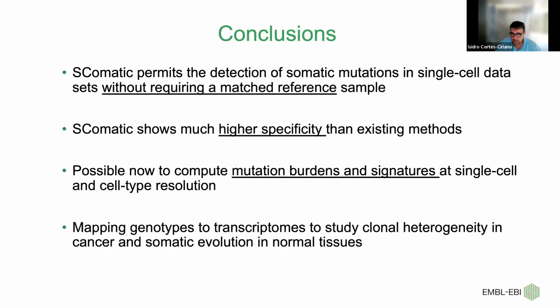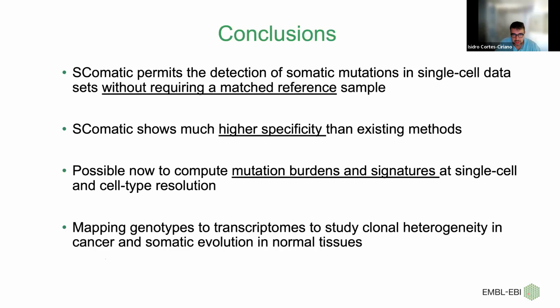So whenever this is important, which is on most occasions, Schematic is going to be advantageous. And it's not only that we can detect mutations, but we can use the mutations that we detect to estimate mutation burdens very accurately, as well as detect mutational signatures, including those of clinical relevance, such as mismatch repair deficiency or homologous recombination deficiency, as I've shown.